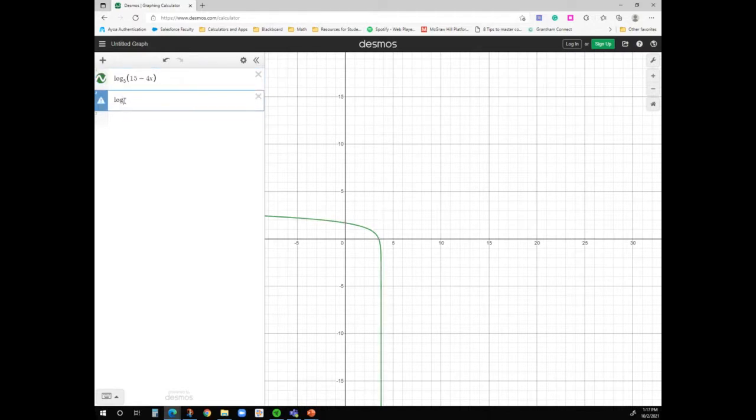I just have to hit the underscore to get below the log, and then I have to hit an arrow to get outside of the log. So I'm able to graph both the left side and the right side, and you can see that they intersect at x equals 3. So we don't care what the actual value is, but that is going to be the log base 5 of 3.